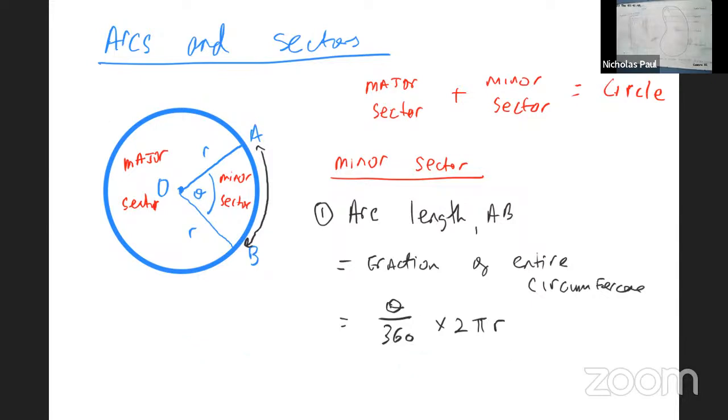And one more thing I want to find. I want to find the area of OAB. Josiah, how are we doing that? How are we getting the area of the minor sector OAB? Pi r squared. Well, that's the total area.